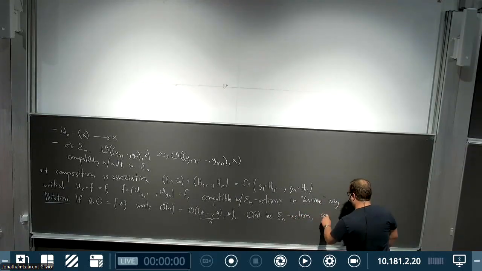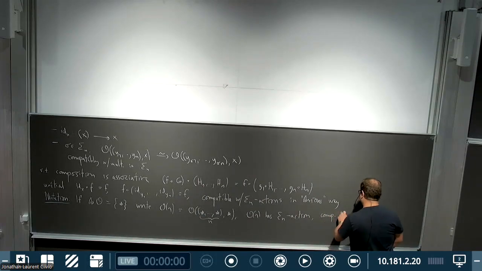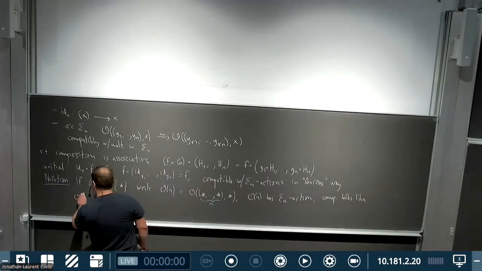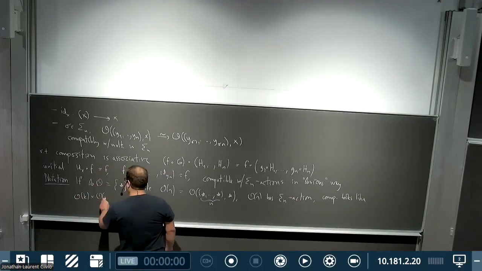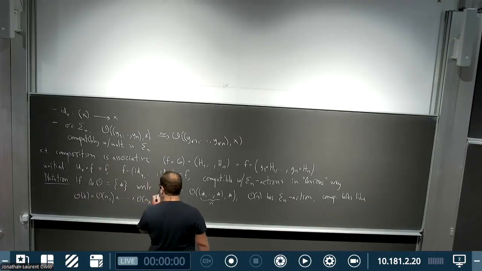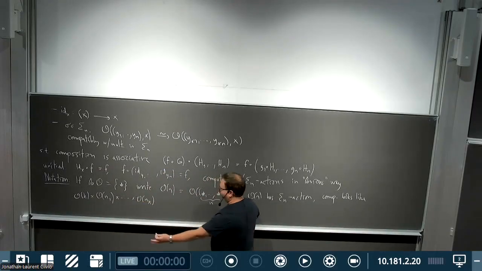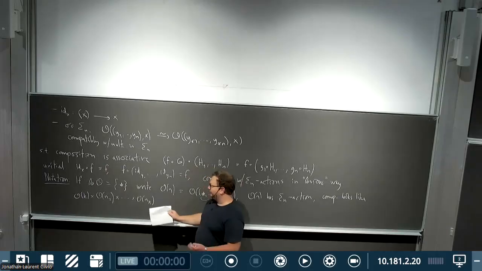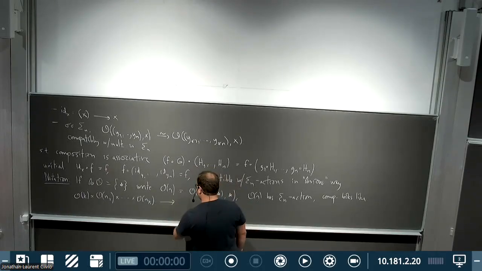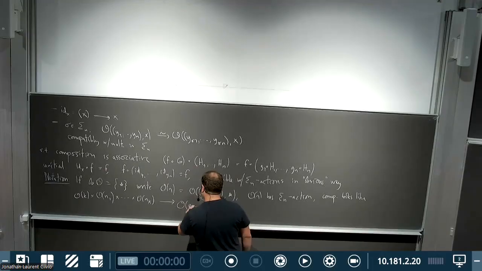And then composition will look like this: I have an operation with k inputs, and for each i an operation with n_i inputs, and then I can compose to an operation with the sum of the n_i inputs.